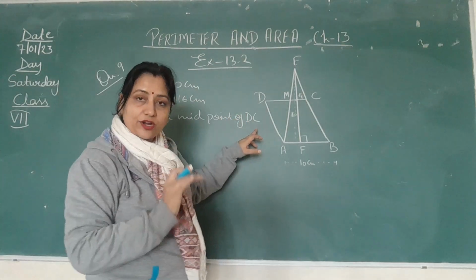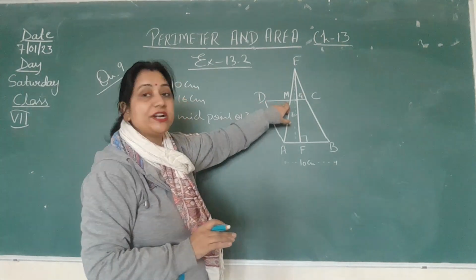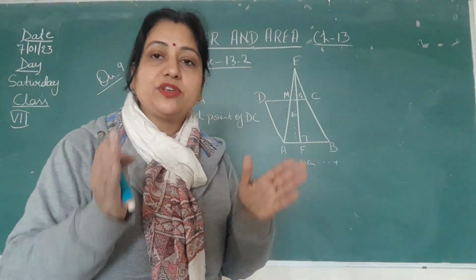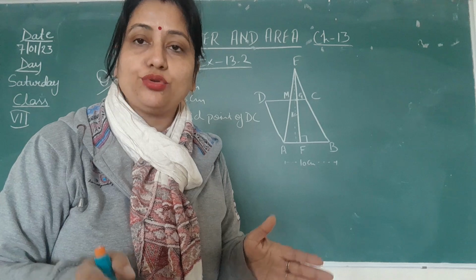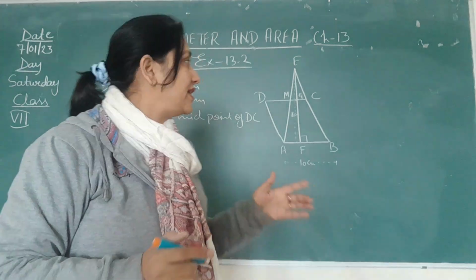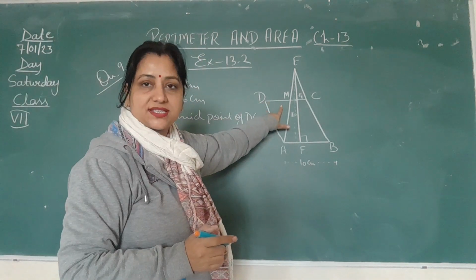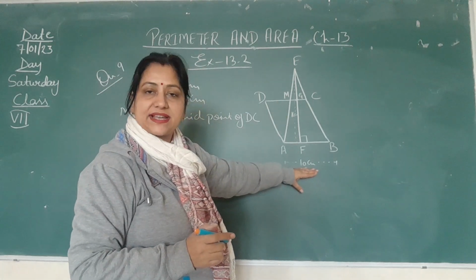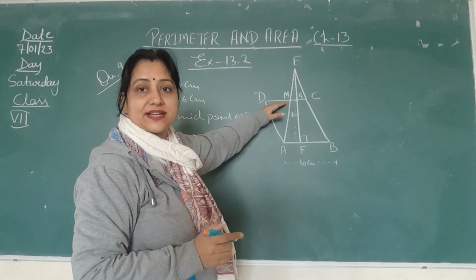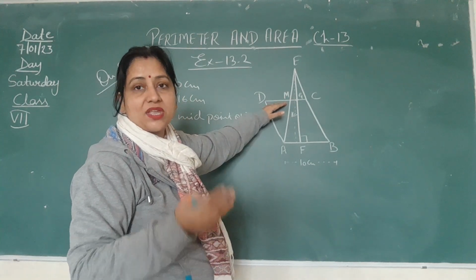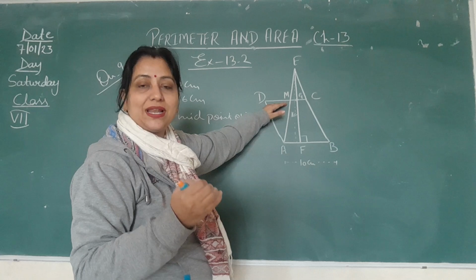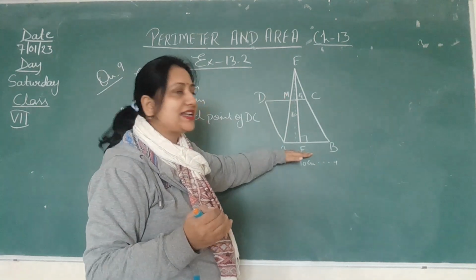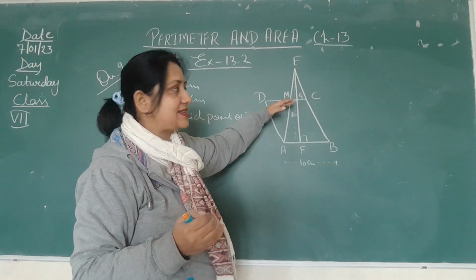According to the question, if M is the midpoint, and we know that a midpoint or bisector distributes any line segment into two equal parts. So if M is the midpoint of DC and this is a parallelogram, and AB is 10 centimeter, then DC is also 10 centimeter, because in a parallelogram the opposite sides are equal and parallel.